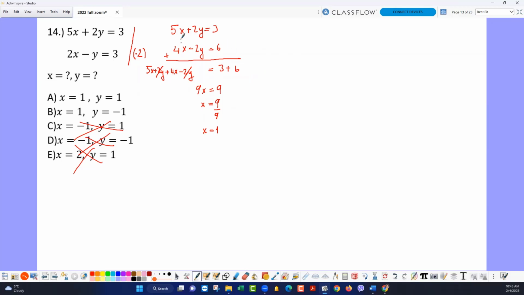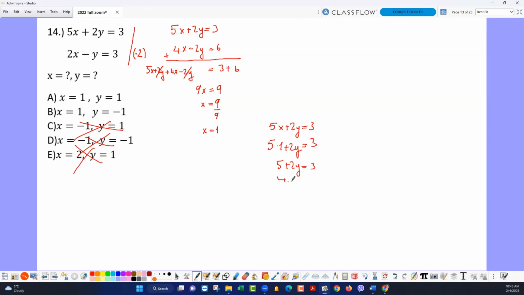For the y value, you choose one of the equations here and replace x by 1. Let's say I'm choosing 5x plus 2y is equal to 3. And I'm replacing x by 1, which means 5 times 1 plus 2y. I don't know what y is, and I'm trying to find it. 5 plus 2y is equal to 3.